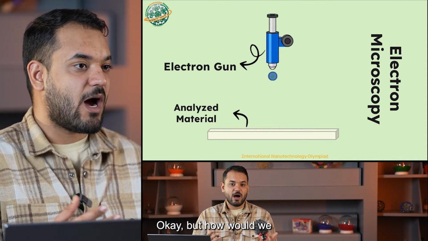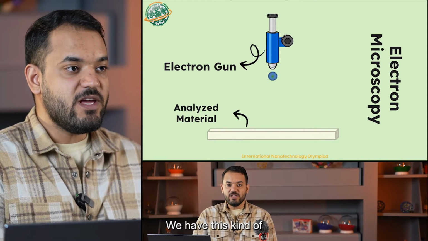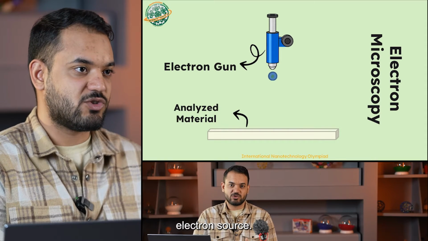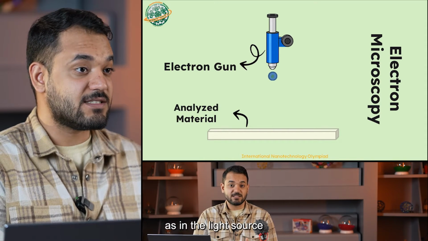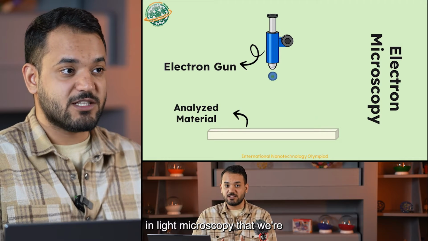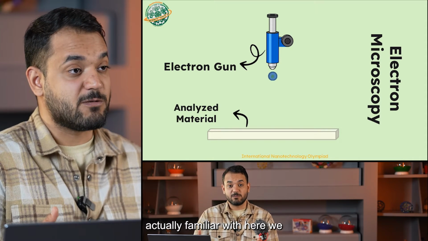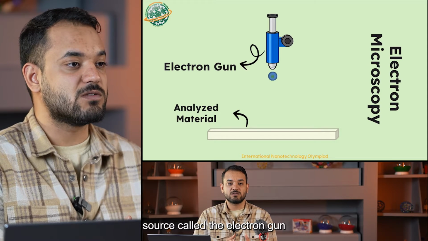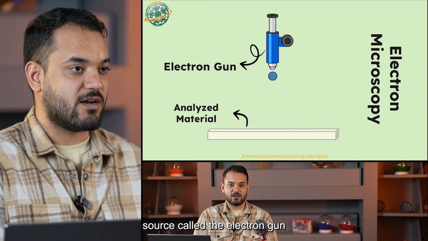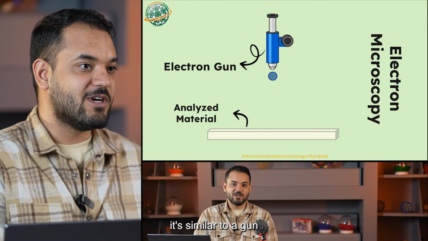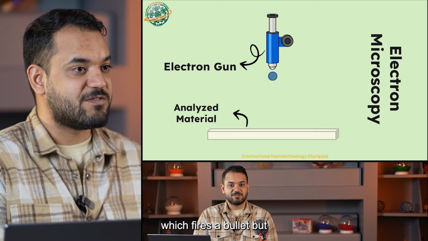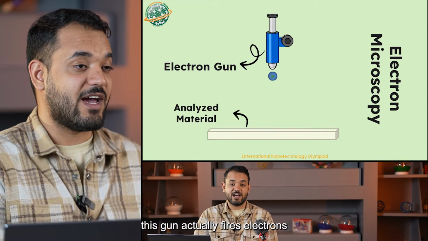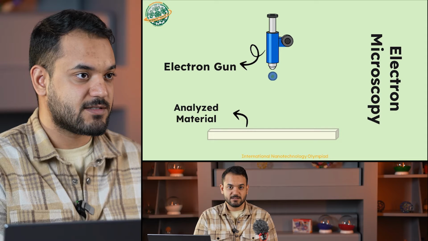Okay, but how would we do that? We have an electron source. As with the light source in light microscopy that we're familiar with, here we have an electron source called the electron gun. It's similar to a gun which fires a bullet, but this gun fires electrons.